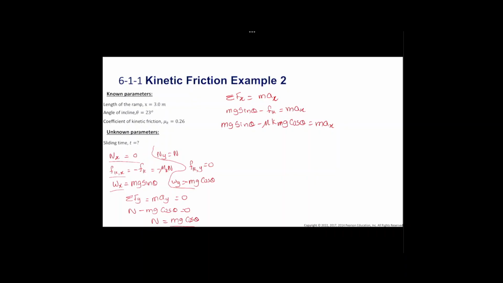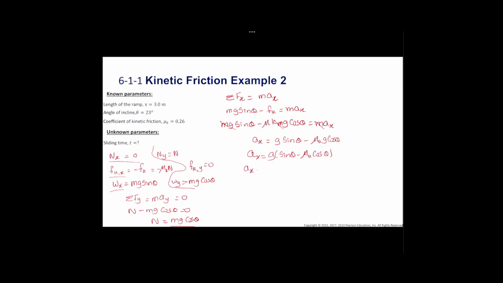Therefore, from all these terms, the mass cancels. And we can find the acceleration ax is equal to g sin theta minus mu k g cos theta. So we can isolate g from here, and it is g times sin theta minus mu k cos theta. Now we know all these values: the inclined angle theta, the coefficient of kinetic friction and the gravity.